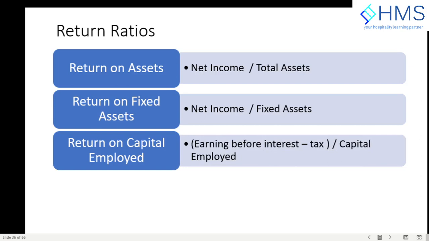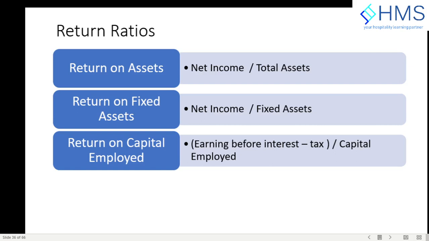So to calculate return on capital employed, we use earnings before interest minus the taxes. That means the income which is available to the company's providers of capital. The company's providers of capital are two: shareholders and debt owners. They are earning usually the dividend and also the interest, both, right?